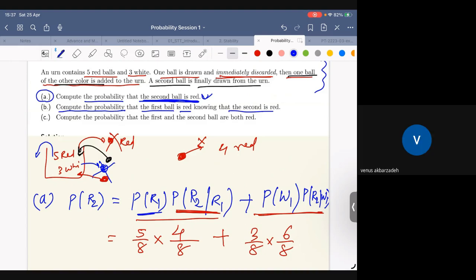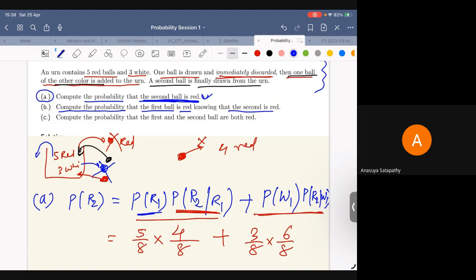So we know that the second one is red. So P of R2 is already given, the second one will be red anyhow. But for the first one, what is the probability that my first ball will be red?